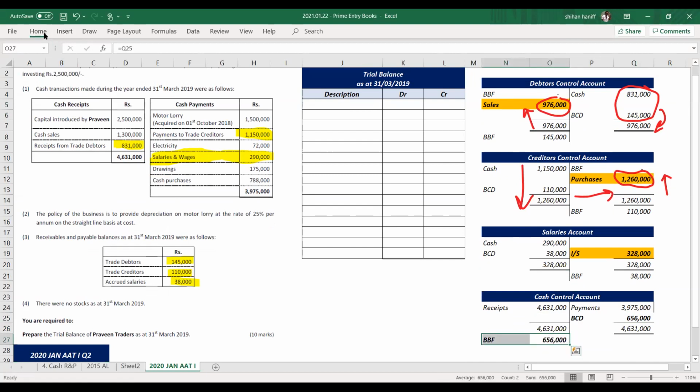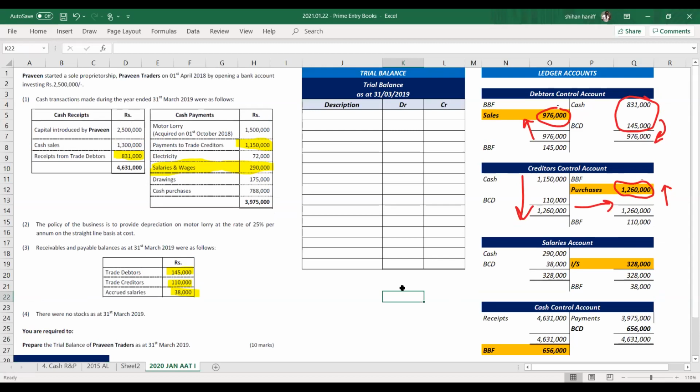Closing balance is 656. That's the cash balance.